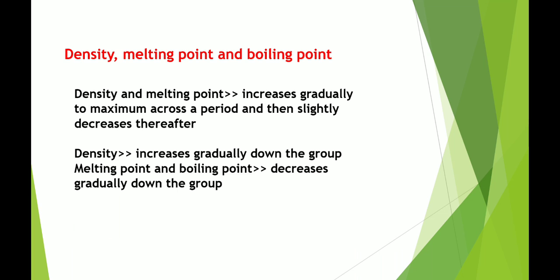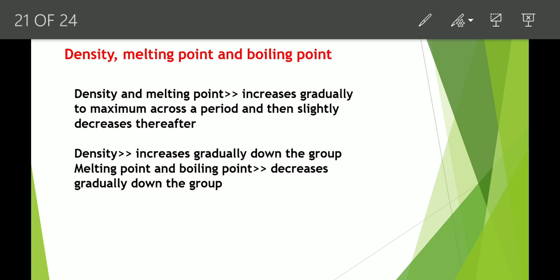Now, next is density, melting point and boiling point. These three are physical properties. Density and melting point, these two physical properties increase gradually across the period.